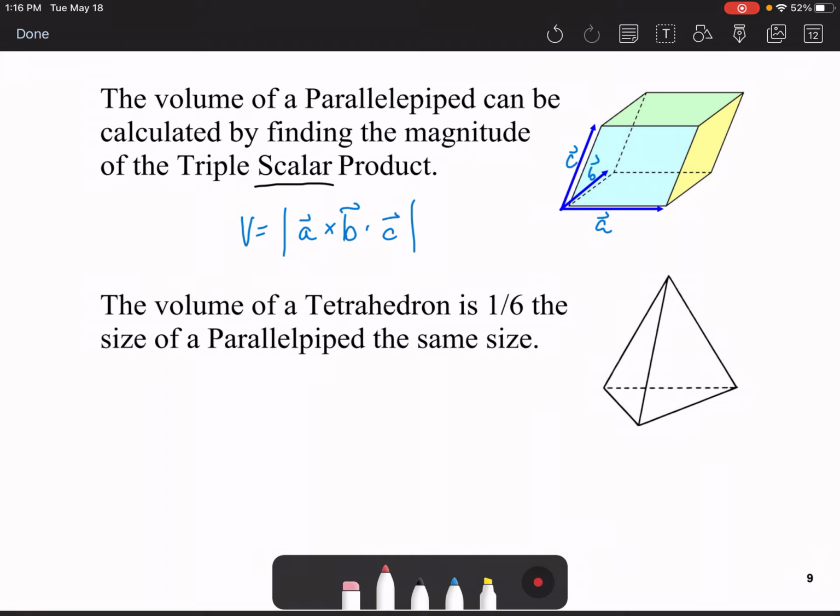And the volume of a tetrahedron is 1/6 the size of a parallelepiped. So if this was the same vector C and this was the same vector B and the same vector A, let's actually move C over here.